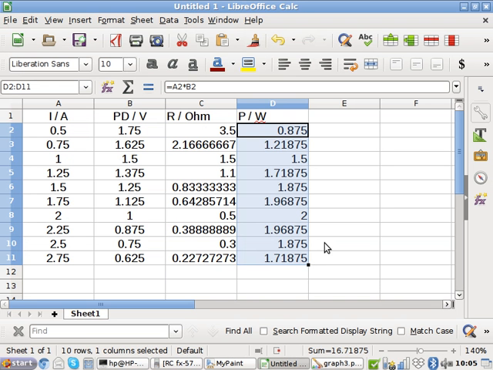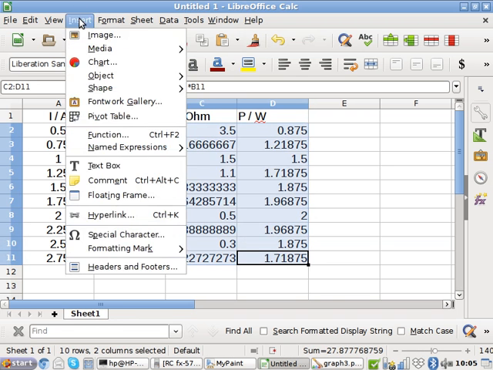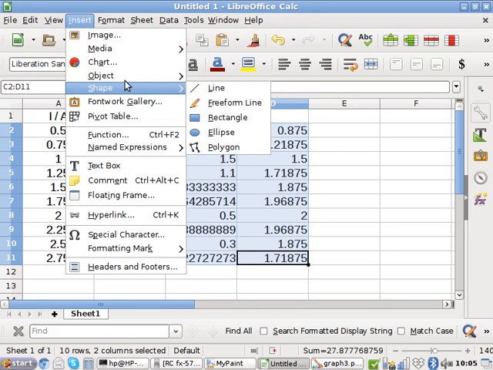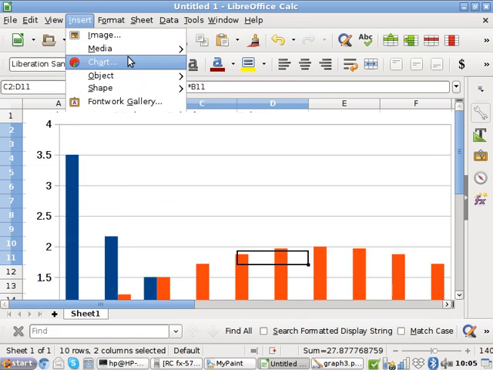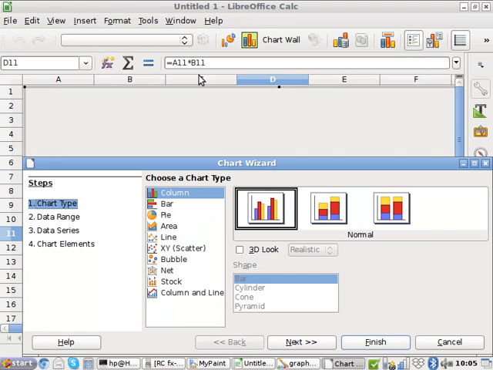Now, next graph. Make a graph of power against resistance. So make another graph where this is on the x and this is on the y. Okay, so let's make that graph now. And this graph will be quite interesting in its shape.